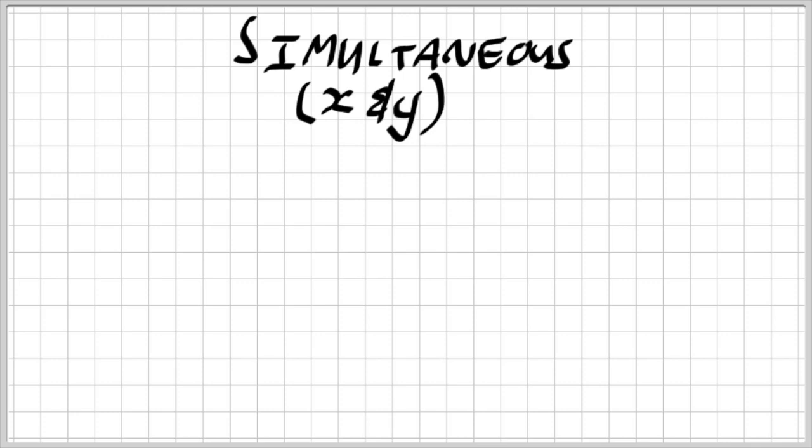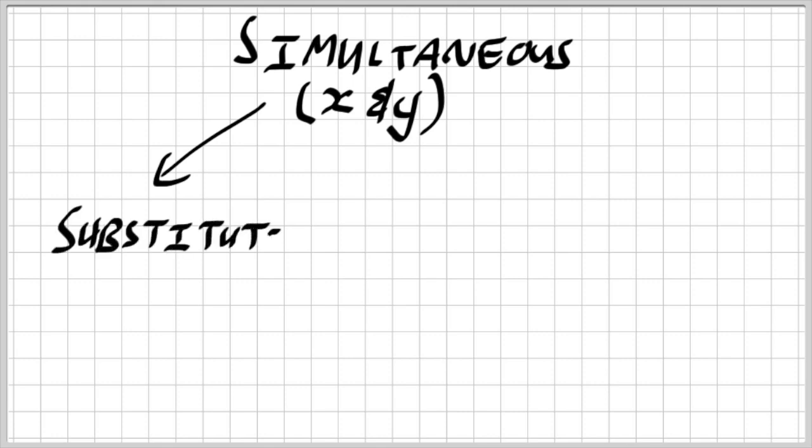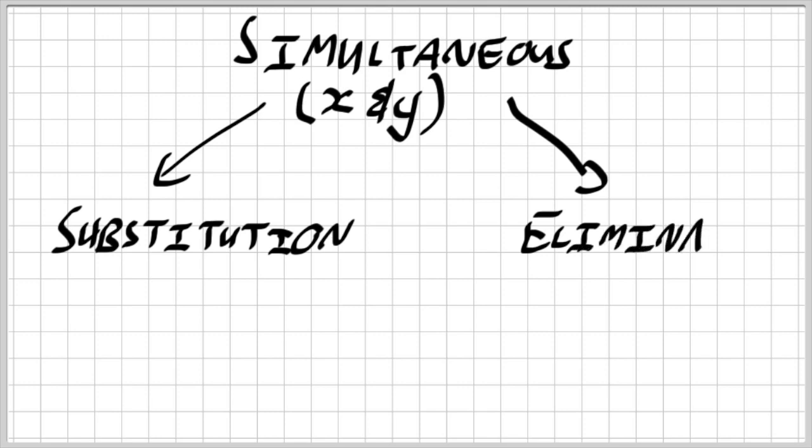You can choose which one. The first one is substitution, which is specifically going to be in this video, while the second one, which is elimination, is going to be in our next video. So in this video, we're looking at substitution.